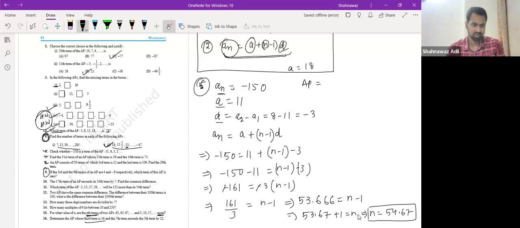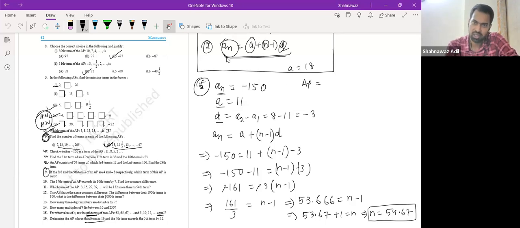Right, because the number of terms can only be a whole number, not zero, so it can only be a natural number.